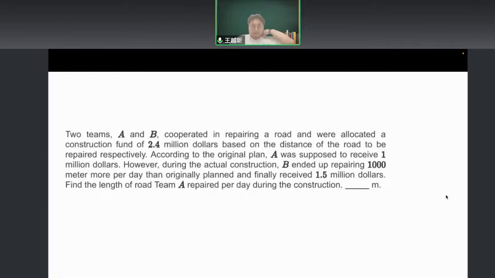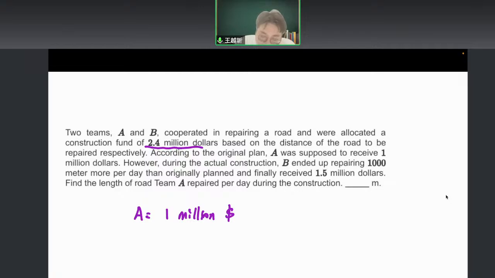Two teams operate repairing a road and a fund of $2.4 million based on the distance to be prepared respectively. According to the original plan, A was supposed to receive $1 million. However, during the actual construction, B ended up requiring 1,000 meters more per day.